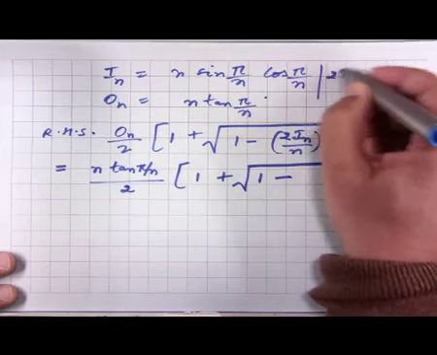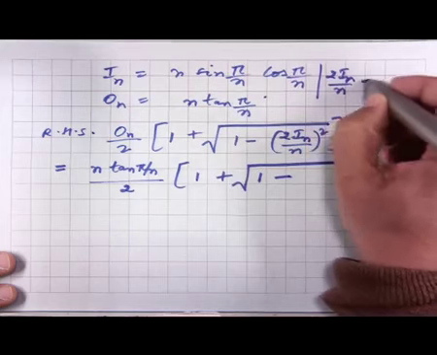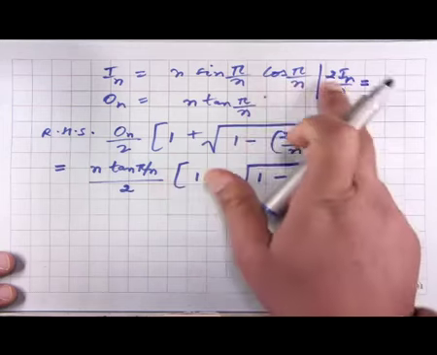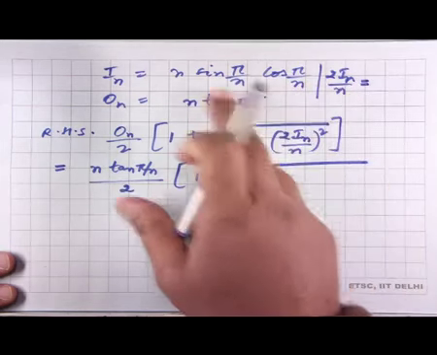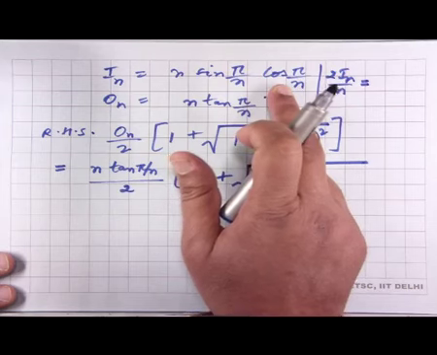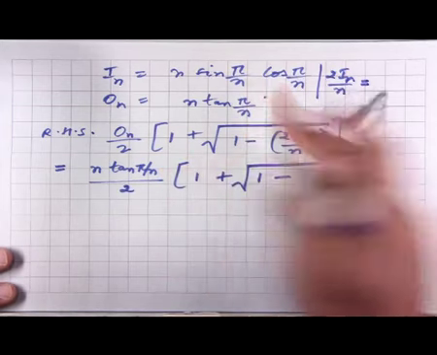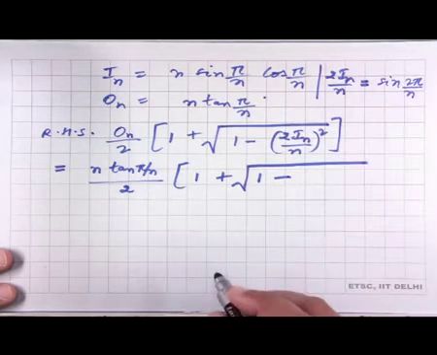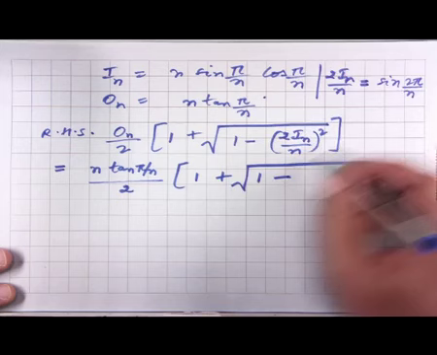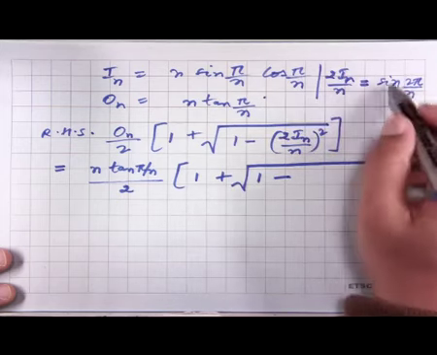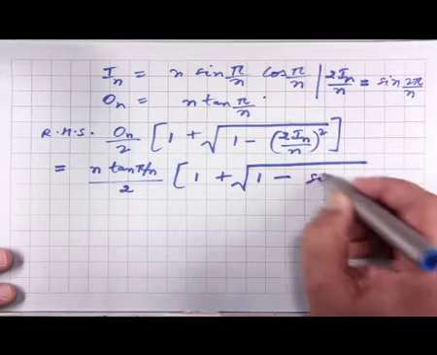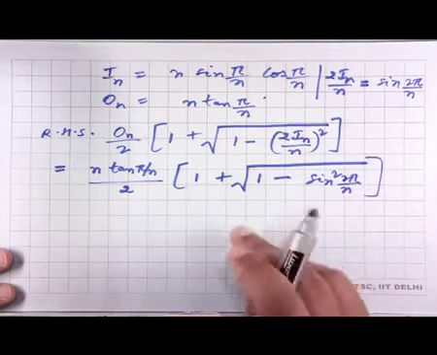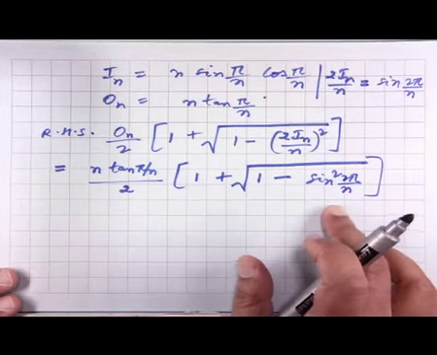So, 2 I n over n is equal to, so the division by n will just cancel this term, and the product with 2 will give us 2 sin pi by n into cos pi by n, which is equal to sin of 2 pi by n. So, here we have the square of this, which is sin square of 2 pi over n, but 1 minus sin square theta is cos square theta.